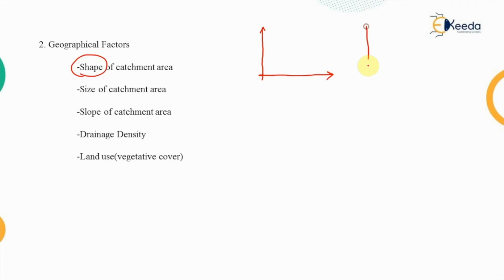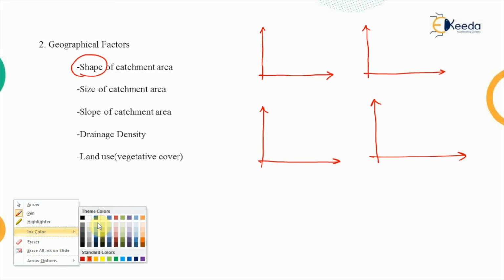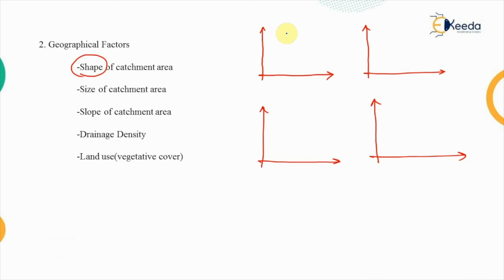So we will obtain the hydrograph for the different shapes of the catchment area. I'm plotting these four types of shapes of the catchment area, corresponding to which we will be obtaining different hydrographs.